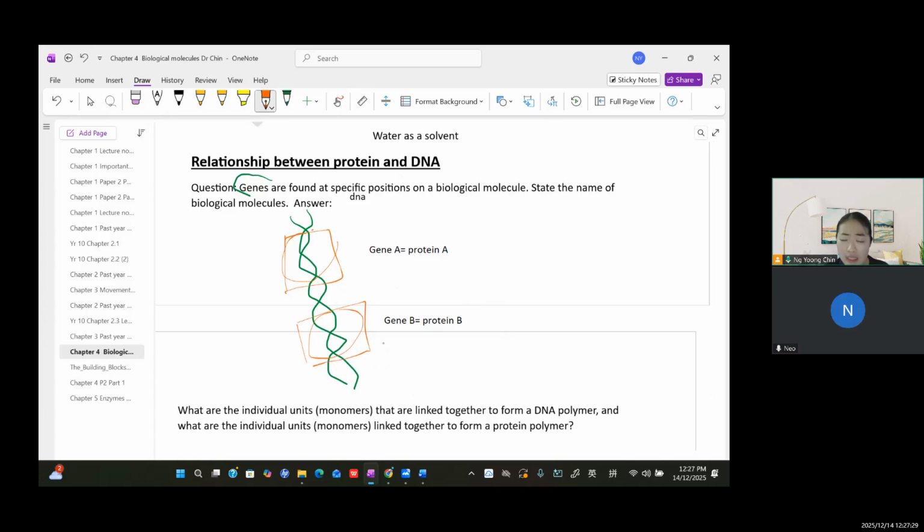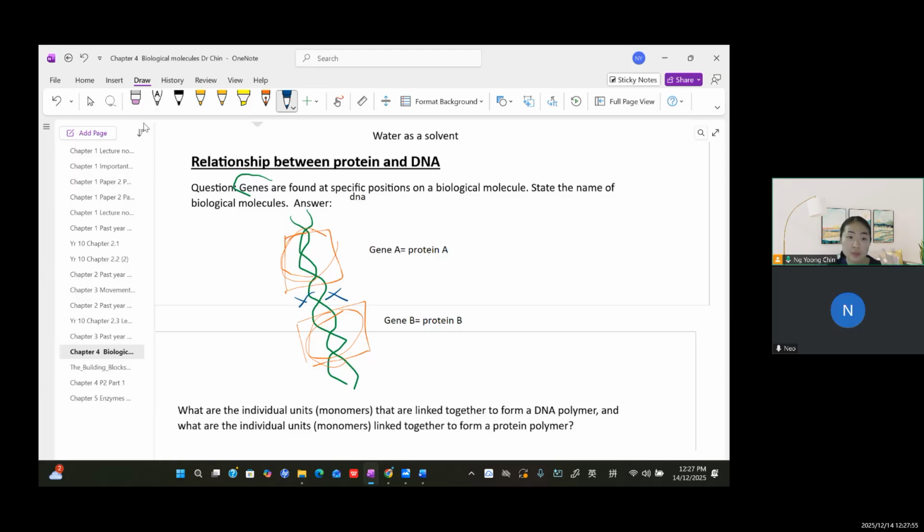Not every region on the DNA can be used to make proteins. Understand? The whole DNA region cannot be used to make proteins. Only certain parts, like this part and this part. In this other part here, the genetic information is not used to make proteins.